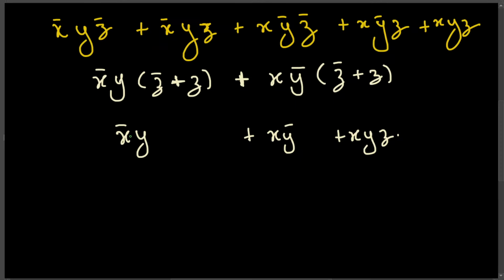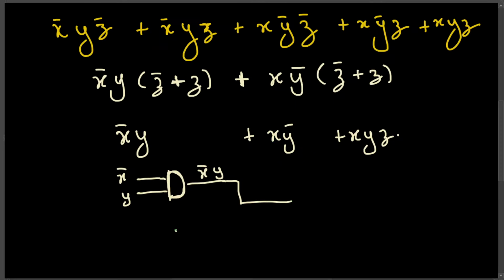So first we have x bar and y here, and this is an AND gate, because multiplication is like an AND gate in logic gates. So if we input x bar here and then y here, the output here is going to be x bar y. Okay, and this one is connected to an OR gate because we are adding these things.